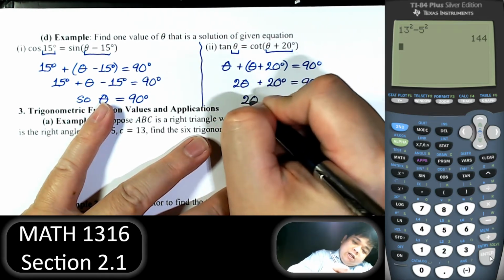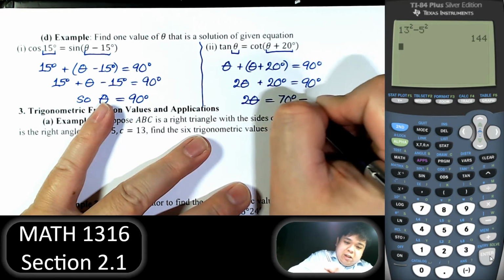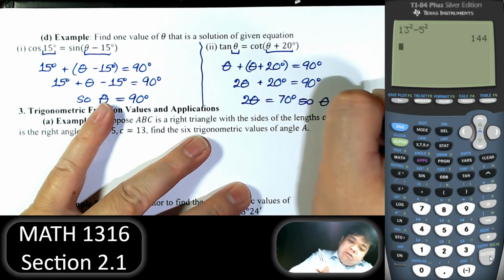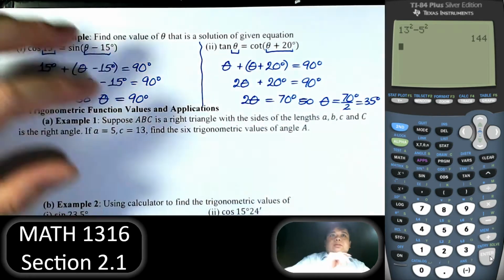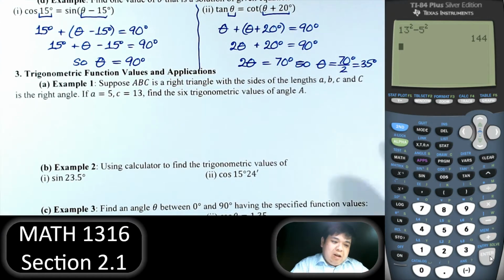So 2 theta is 90 minus 20, which is 70. So theta is equal to 70 divided by 2, so that's 35. Right, that's simple enough.